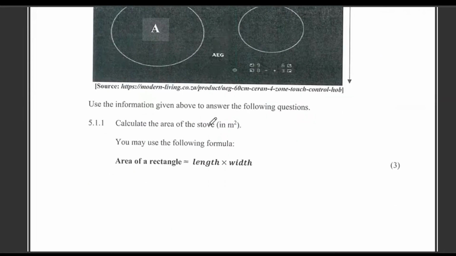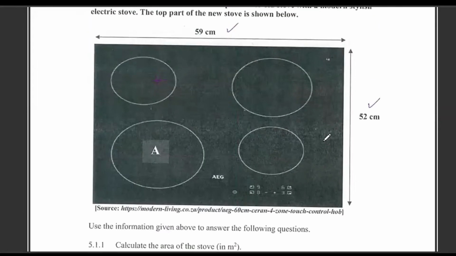Calculate the area of the stove in meters squared. You may use the following formula. Definitely, it's already a rectangle. So before you substitute, make sure that the units are in meters.